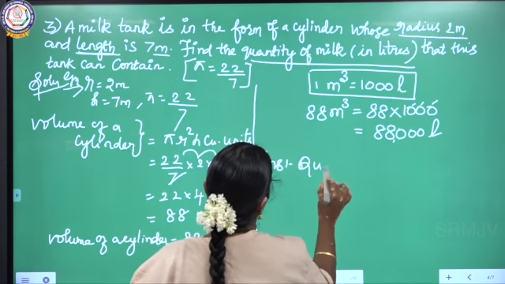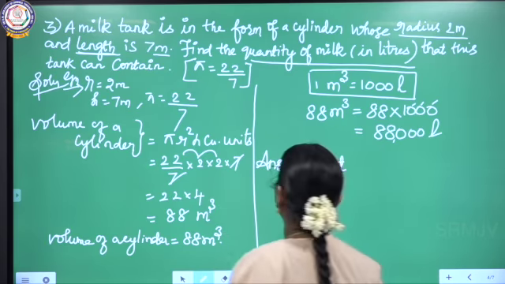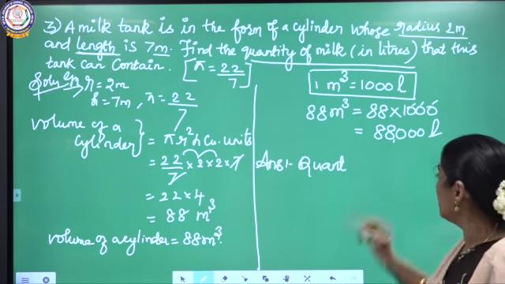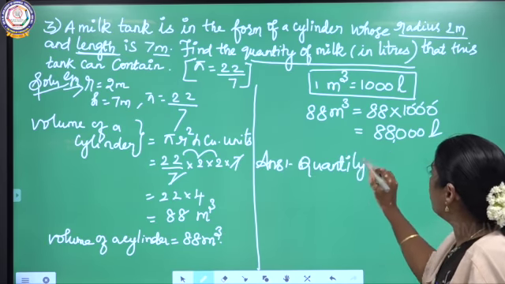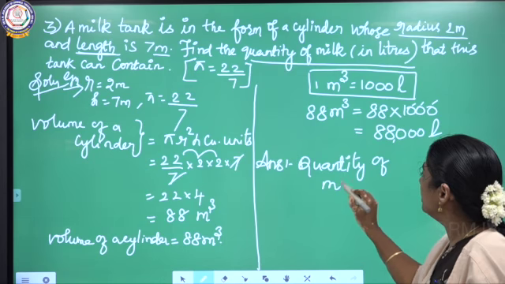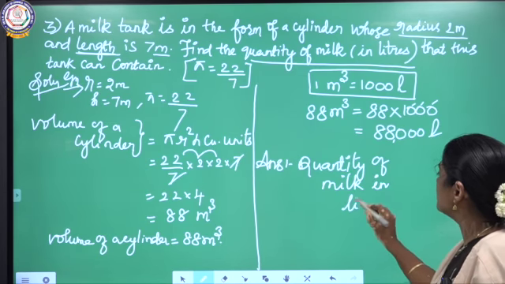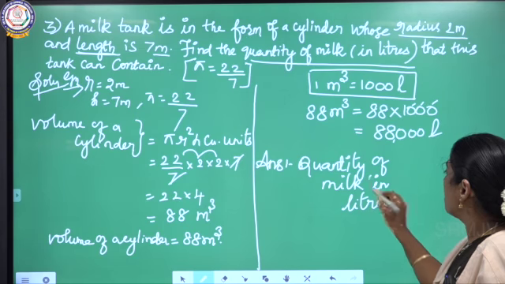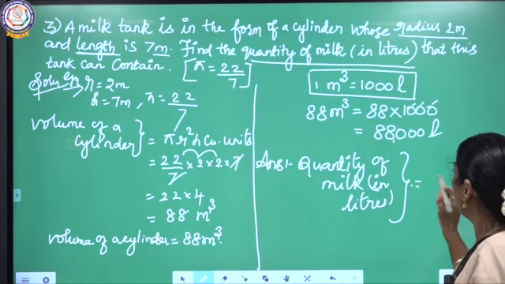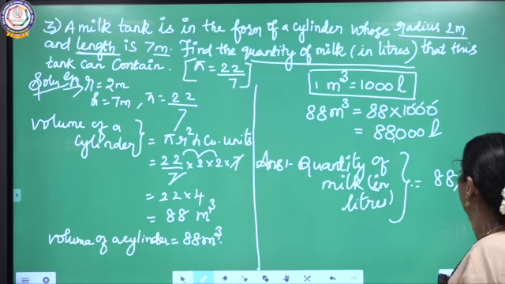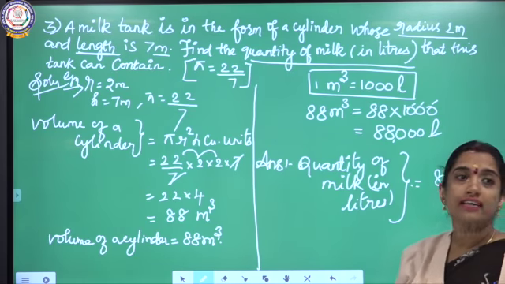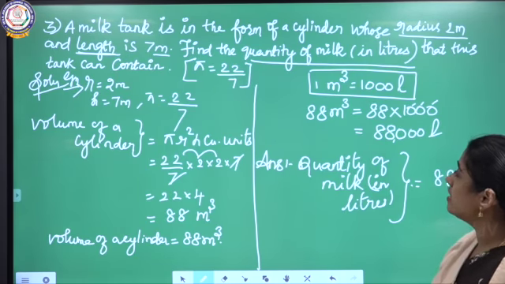Now finally I am going to write the answer. Quantity of milk in liters is equal to 88,000 liter. Can you clear this, children?